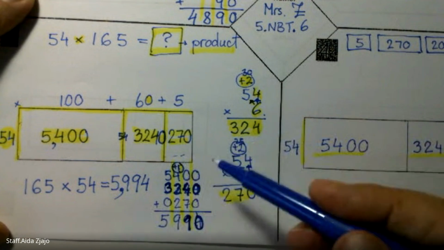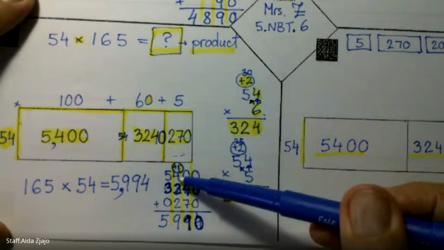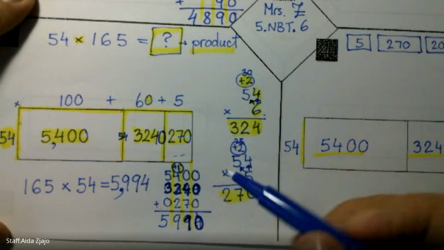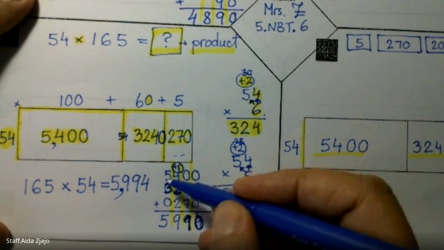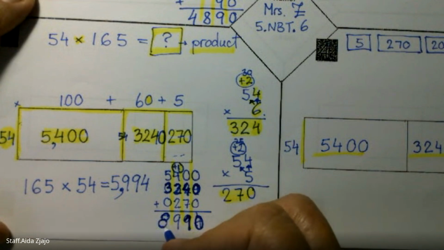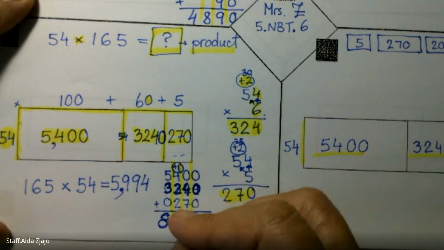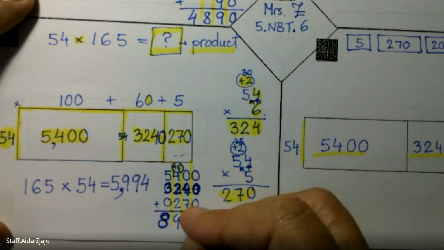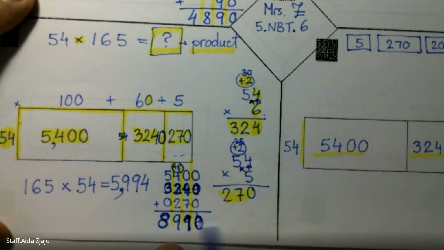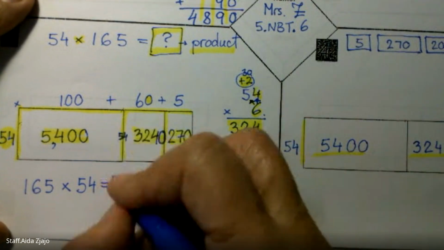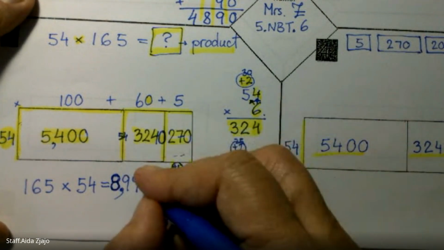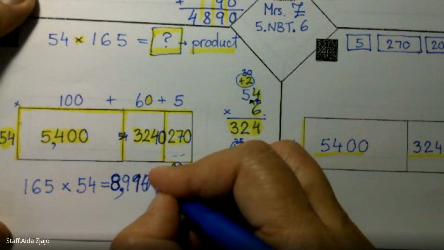Okay, so now 1 and 4 is 5, 6, 7, 8, 9. So that stays. And then 5 plus 3 is 8. So the solution for this problem is 8,910.